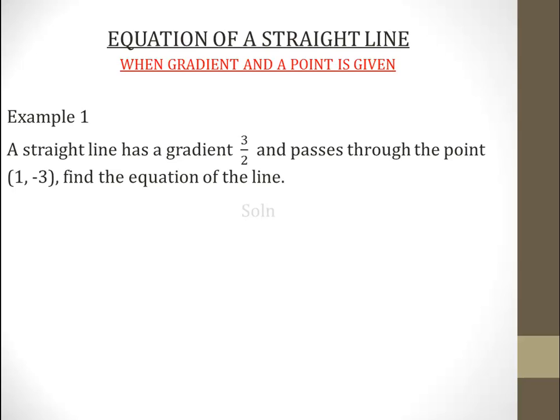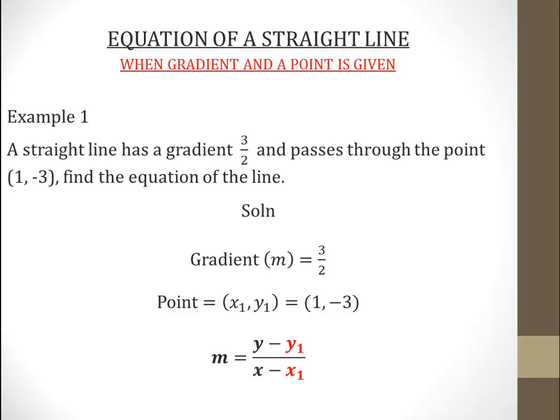So from the question, we're given gradient, so we write our gradient, and then we're also given the point, which is (x1, y1), which is (1, negative 3). Since my gradient is in a fraction form, I'm going to use my first equation, which is m equals (y minus y1) over (x minus x1).